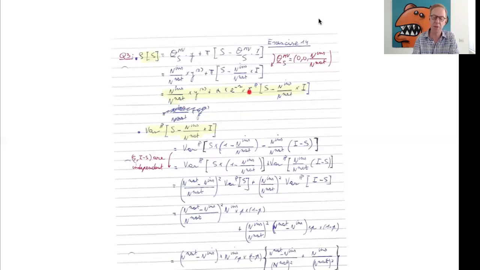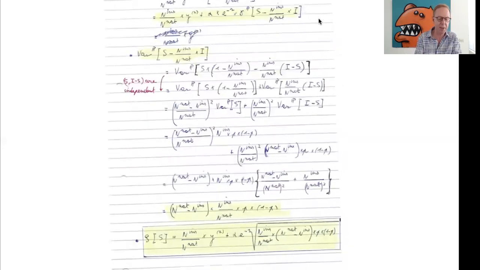The only thing we still have to calculate is the variance or the standard deviation of the hedging error. In order to calculate this variance, we apply a little bit of a trick.